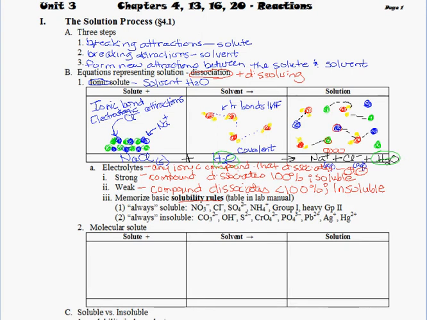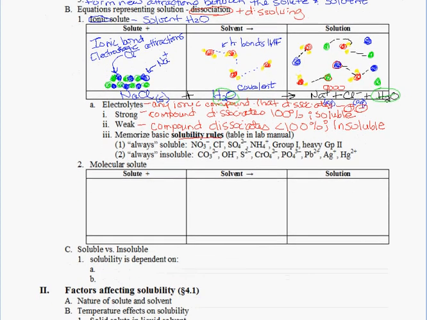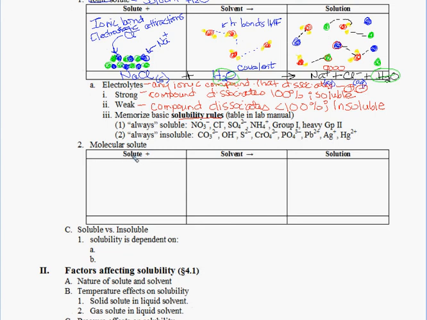All right, so let's go back over to our notes. And now we're looking at molecular solutes. And again, we're going to be dissolving those molecular solutes into some water. So our water molecules are still the same. And they're, again, still going to be molecules, right, because they're covalent. They're still going to have the attractions of hydrogen bonding.